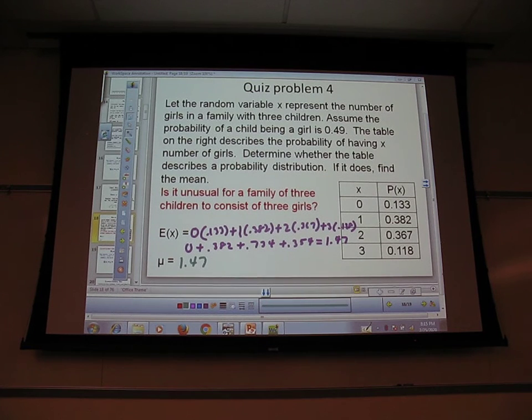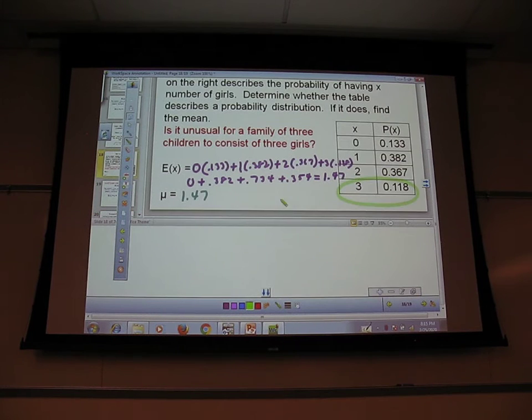What's the probability you have 3 girls? Yep. So is that unusual? No. What's our guideline for unusual? 5% or less. This is not unusual.